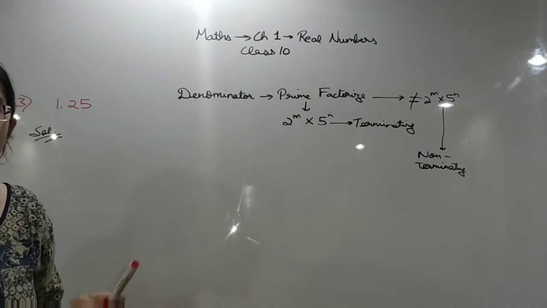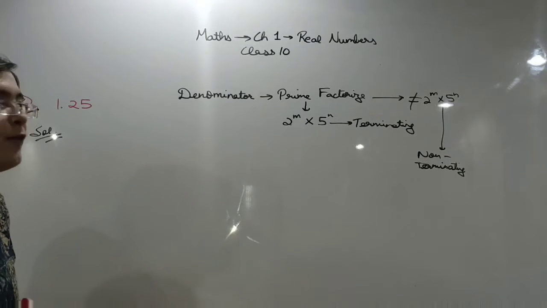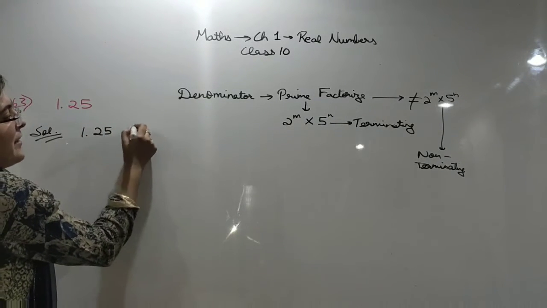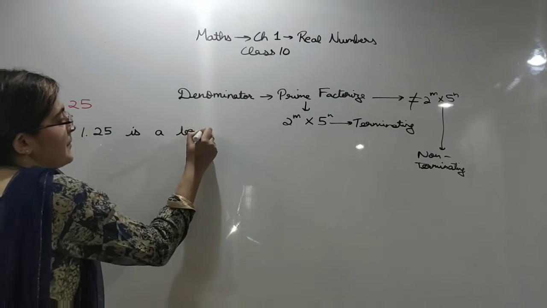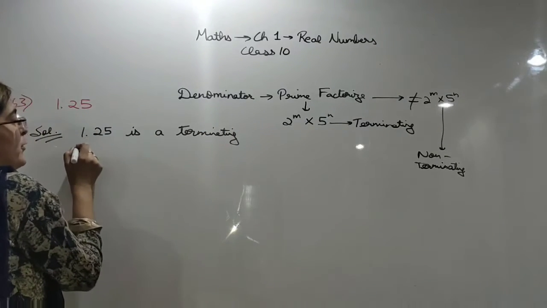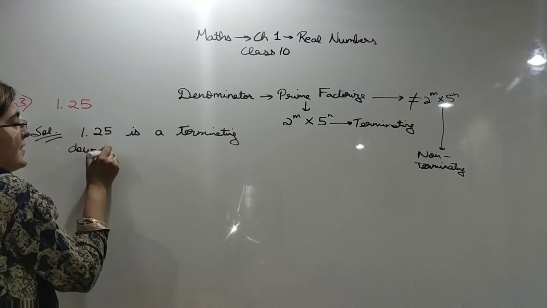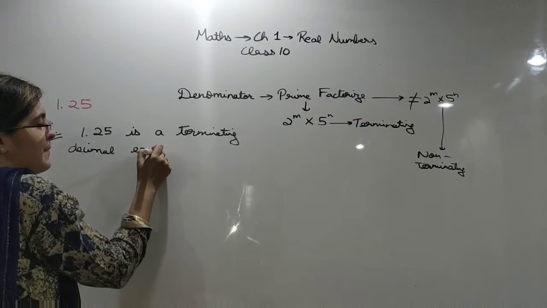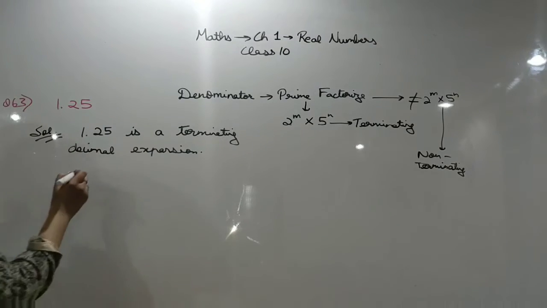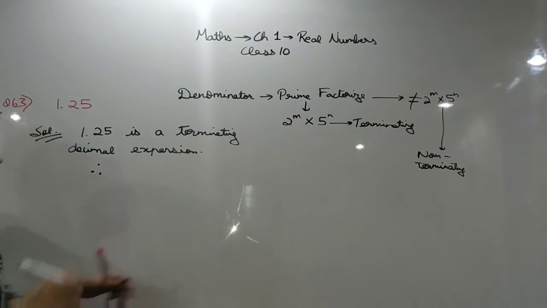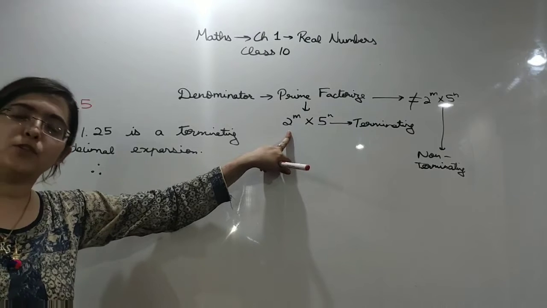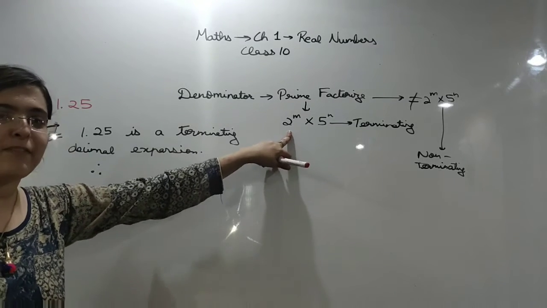It is not continuing. There is neither a bar. So what we will say is that 1.25 is a terminating decimal expansion. Clear, students? Therefore, the one which is terminating will have the factors in the form of 2 to the power m into 5 to the power n.